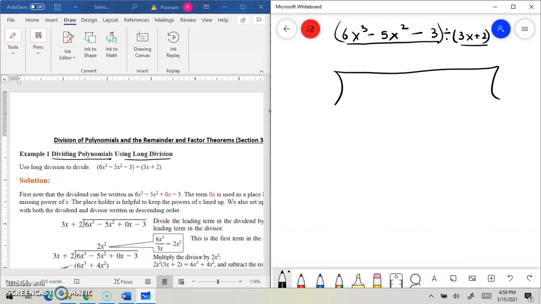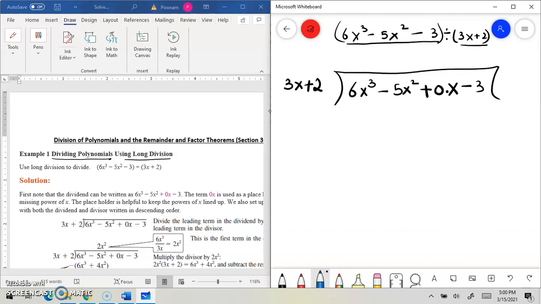You see 6x cube is here, 5x square is here, but there is no x term. So we write it like 6x cube minus 5x square, and the x term, if it is missing, write it as 0x, minus 3. It has to be divided by 3x plus 2, which is already in standard form.